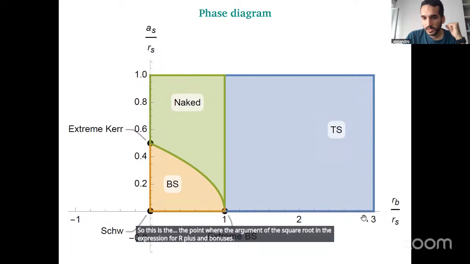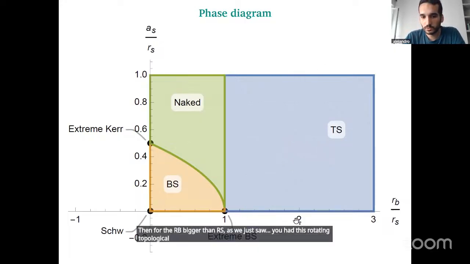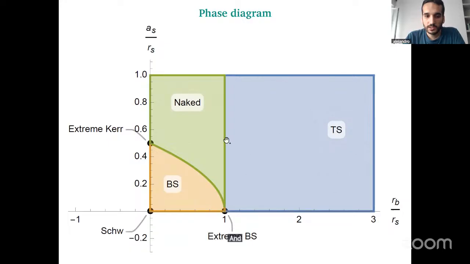Then for RB bigger than RS, as we just saw, you have this rotating topological soliton. So this line would be the solution by Pierre and Ibrahima Bah. And finally, this vertical line is quite a curious solution, which I was not aware of.